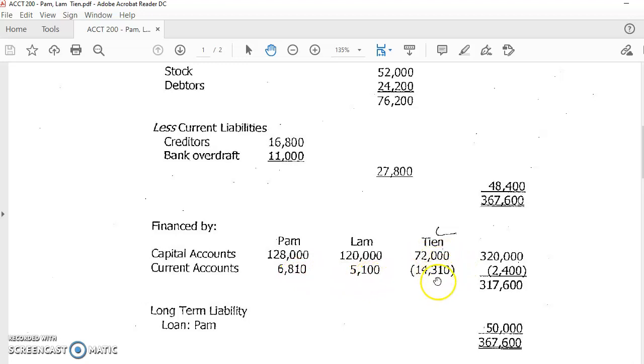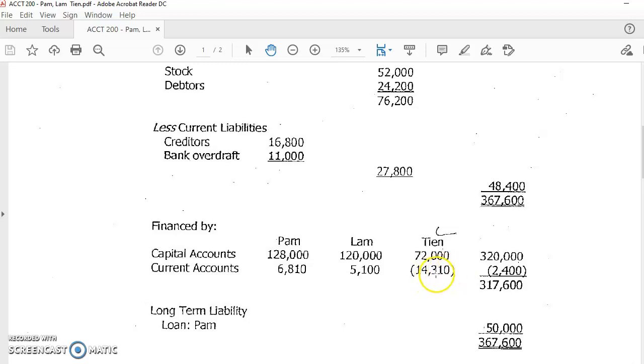And Tien has a debit balance of $14,310. Remember, we stated that a debit balance on a partner's current account signals that the partner has withdrawn too much out of the business. So therefore, the partner is not entitled to this $14,310.